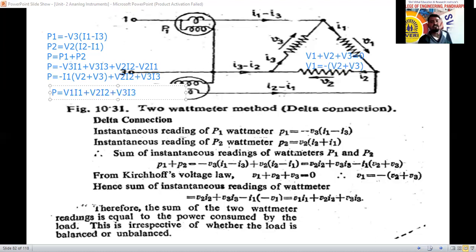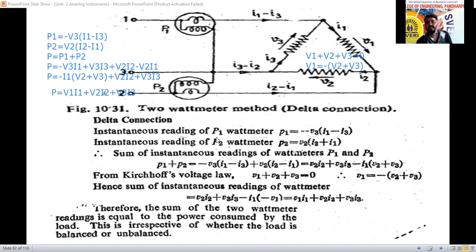Hence the instantaneous power is proved. This is the one we have to prove: P equal to V1 I1 plus V2 I2 plus V3 I3. We have proved it, and the same thing is written in this explanation.